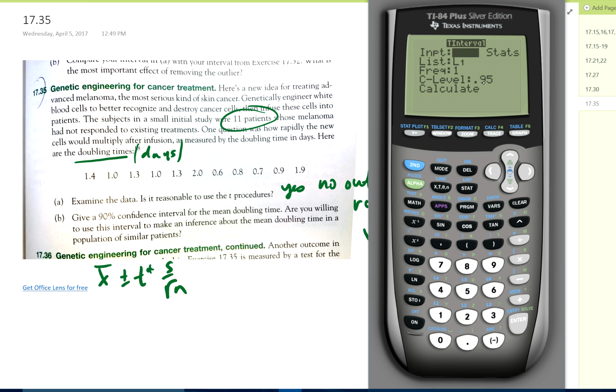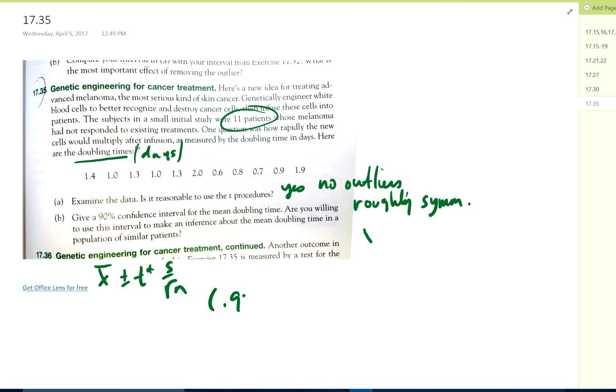Data L1, 90%. Oops, 0.90. It's not touchscreen. Calculate. 0.92 to 1.4.